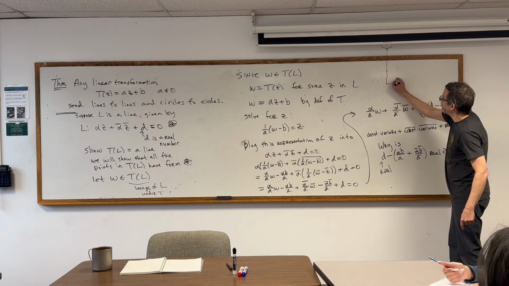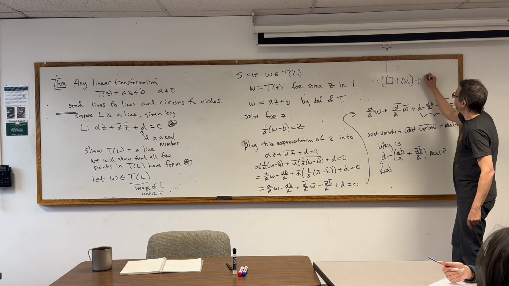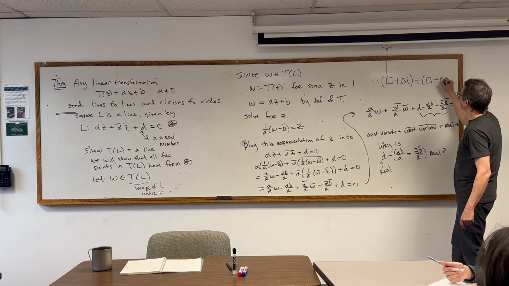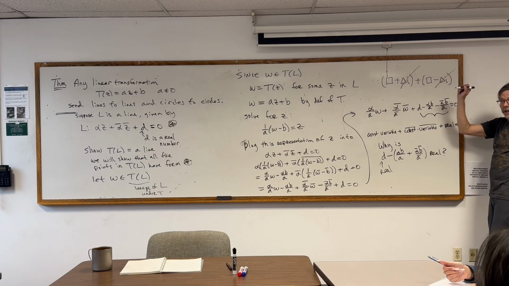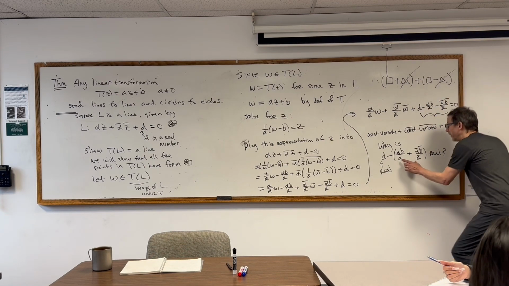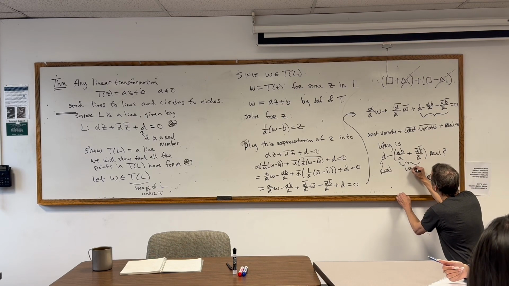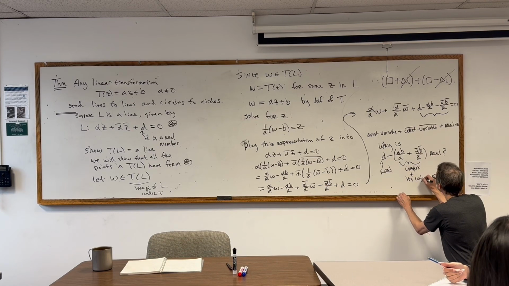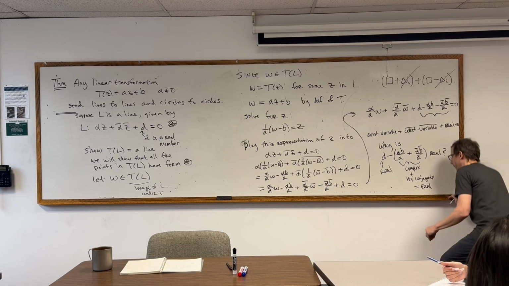If you have a complex number that looks like this, and you add it to its conjugate, what do you get? The imaginary parts cancel out, and you're just left with the real part. So because I've got a complex number plus its conjugate, I get a real number here. Because the imaginary parts cancel, just like Vivian said.